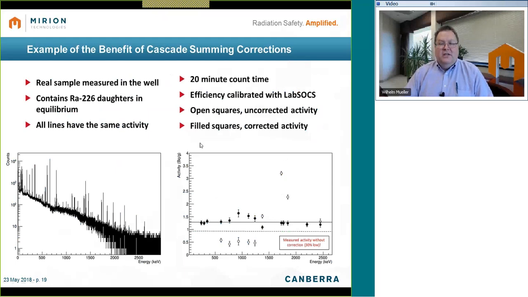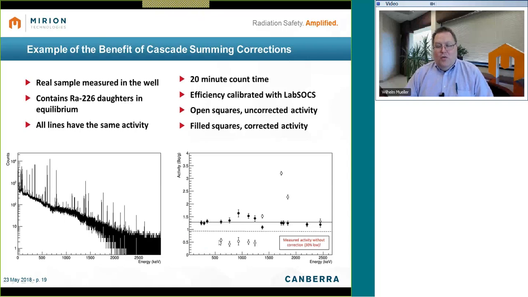We measured for a 20-minute count time and calibrated with LabSOCS. So the energy lines are shown on the horizontal axis, and the computed line activity for each of those lines is shown on the vertical axis.